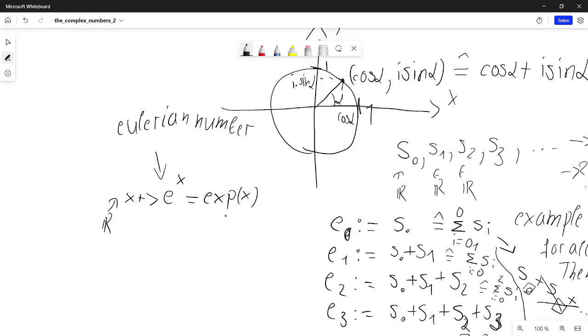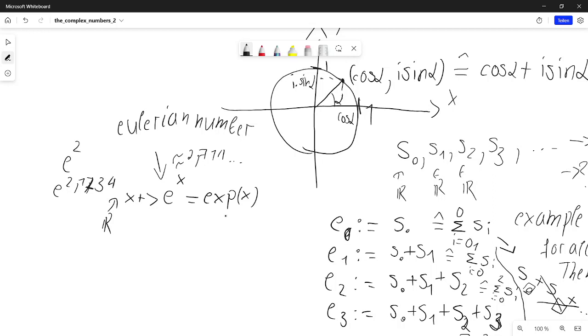Euler's number is approximately 2.714, and so on. So, for example, e to the power of 2, or e to the power of 2.1773, or whatever.